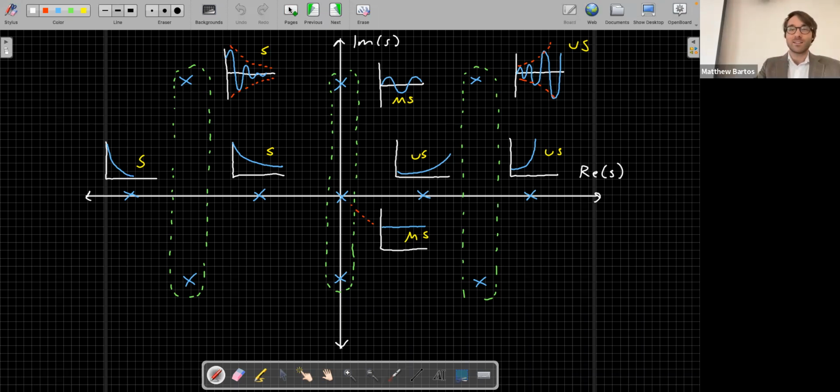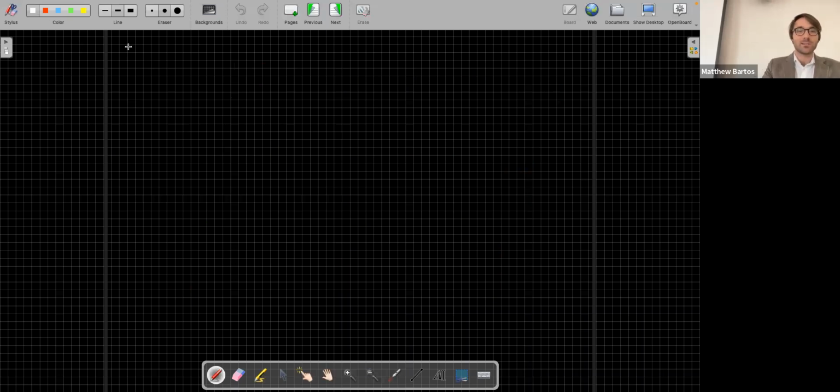Right. So that is exactly right. So let's define the stability in terms of the poles, for continuous time. I'll just write this as CT.